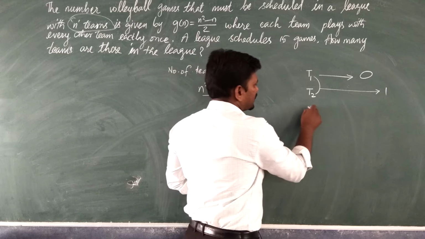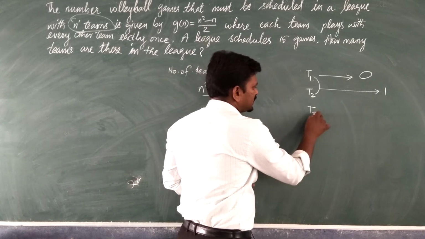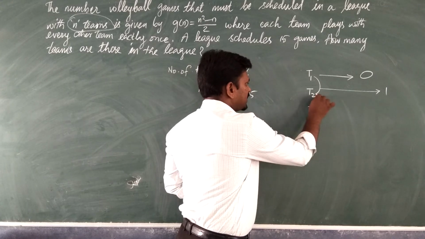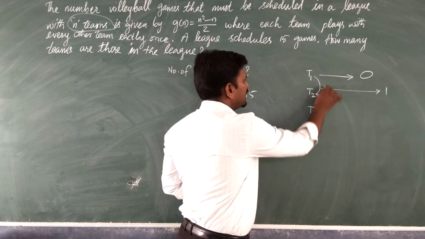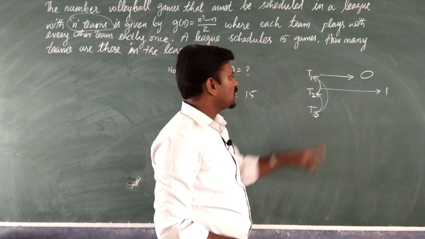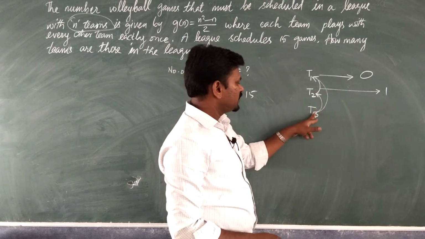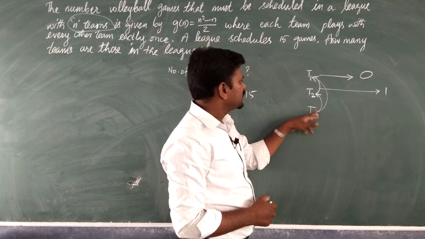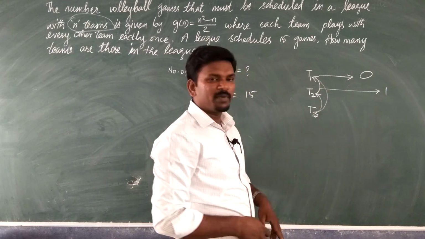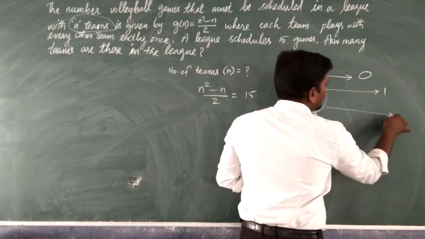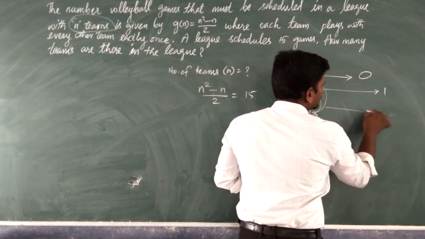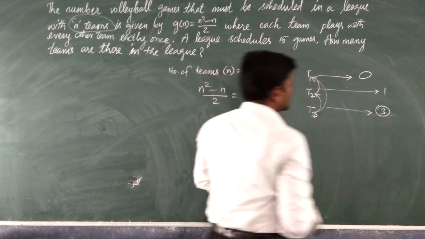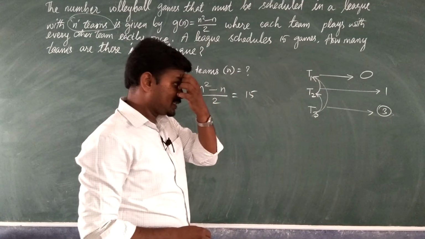Then if the third team comes, the third team can play with the second team and the first team. Already they are playing one match, so if we include a third team, two more matches can be played. So they can play totally 3 matches.